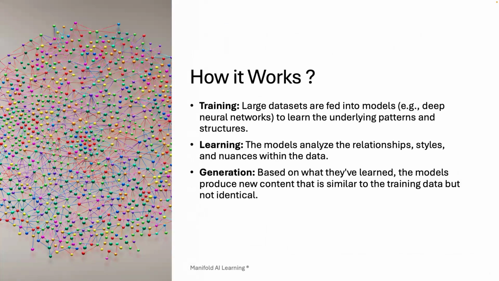We have performed the training on a very large data set. Once we have performed the training, whenever we ask the model a question, let's say what is generative AI, since that is part of its memory, it generated the response for us based on what it has learned.